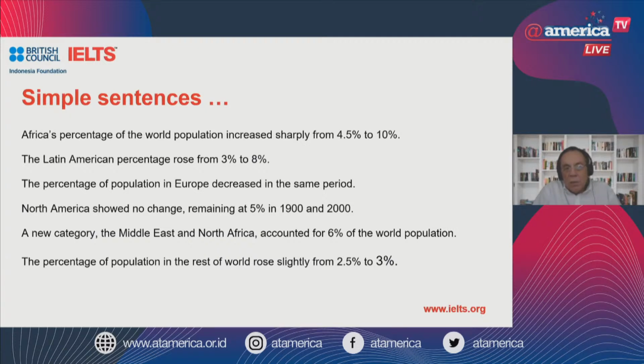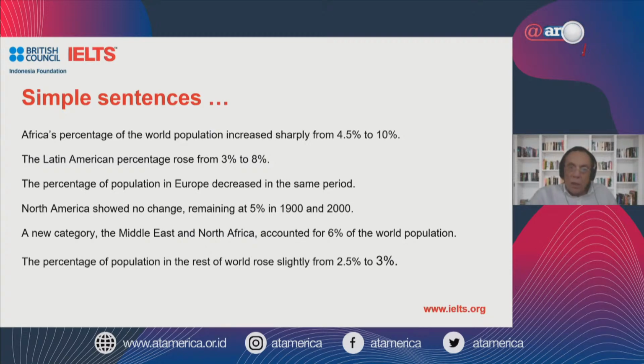Africa's percentage of the world population increased sharply, the Latin percentage rose, and so on. Same kind of thing there. What's wrong with those sentences? Nothing really, but we haven't really glued them together. We've got to kind of link them together to make for a smooth bit of reading. That's what I meant when I said good sentences or a good paragraph.